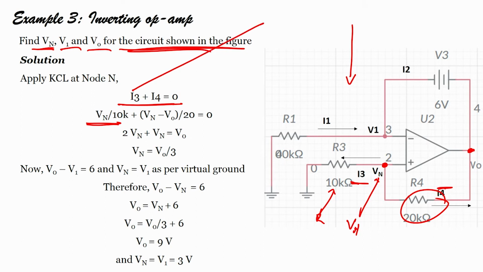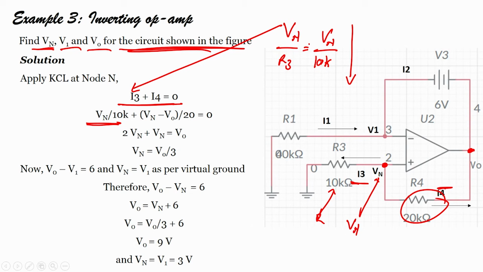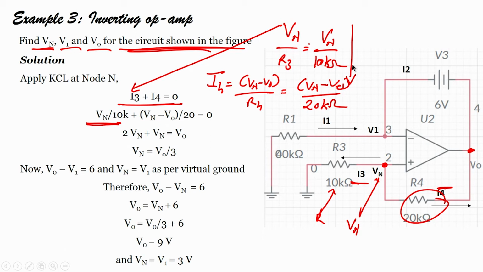So, I3 will be Vn by R3, which is Vn by 10 kilo ohm, and I4 equals Vn minus Vo by R4, which is Vn minus Vo divided by 20 kilo ohms.